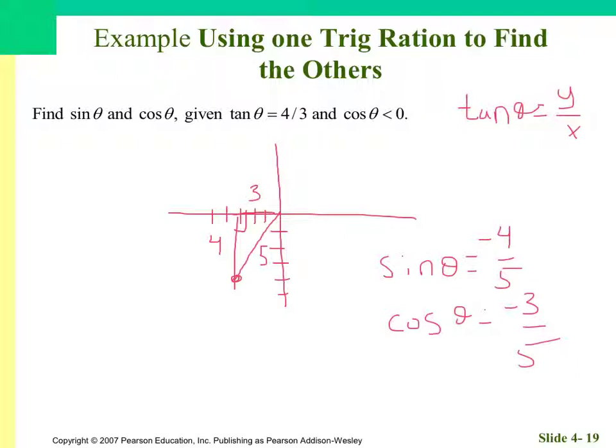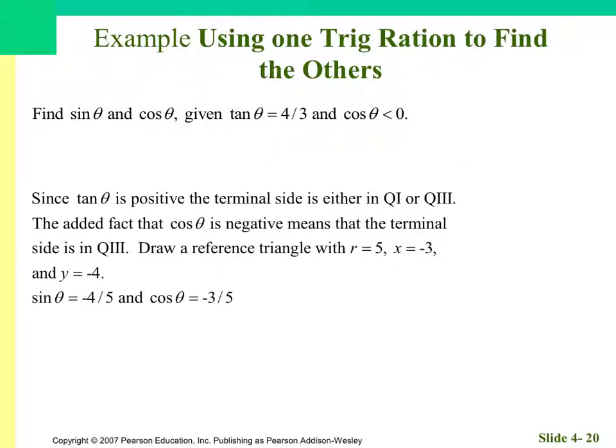And here's another thing. On the unit circle, any ordered pair is always cosine, comma sine. Okay? Let's see if I was right. There we go.